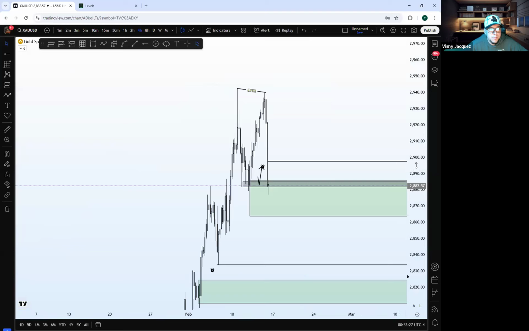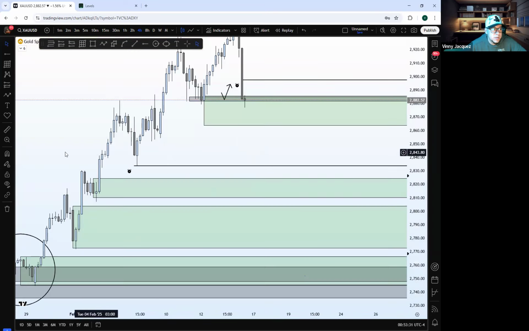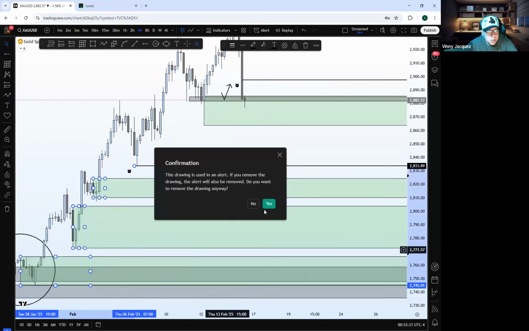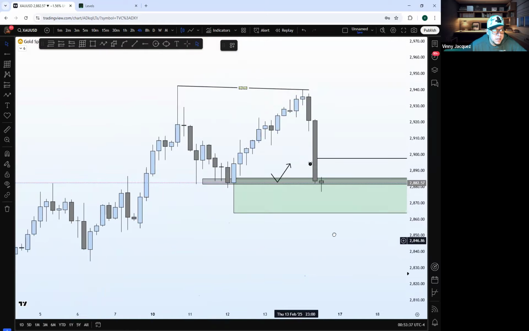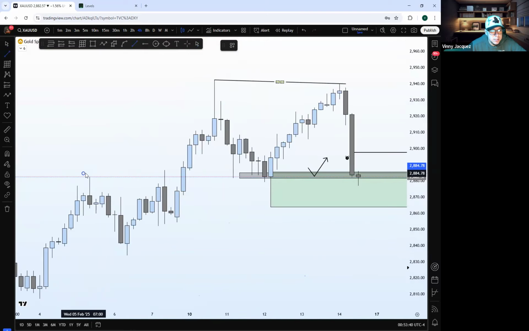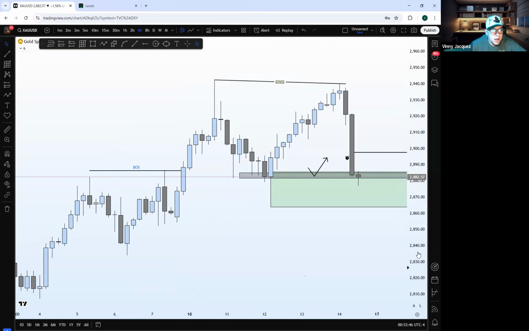let's go to the 4-hour. Let's delete this because it's starting to look ugly. Now look, check me out. The market is in an uptrend, right? We finally got this BOS to the upside. Let's mark that up. BOS. Awesome.